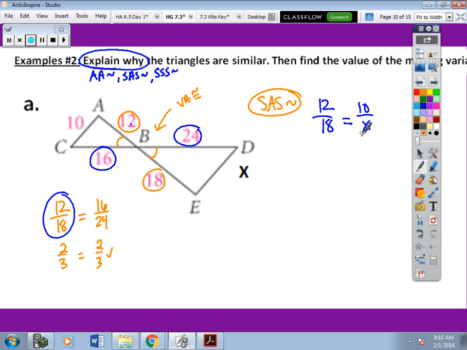You also, if you want, instead of using 12/18 with the big numbers, you could use the reduced form, 2/3 equals 10/x. That way you don't have as big of numbers. So we'll get 2x equals 30. So x equals 15. Make sure you answer both questions, why, and then what the value of x is.